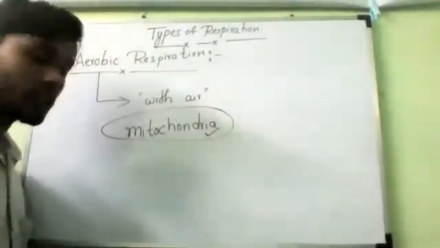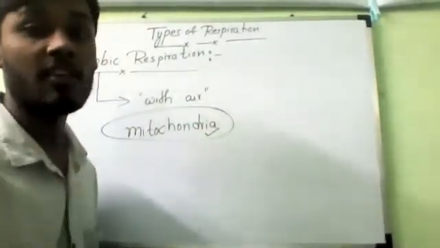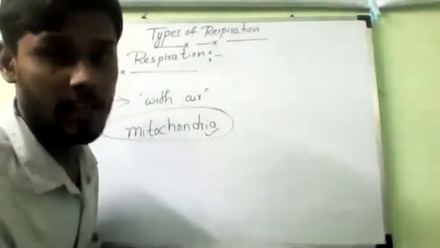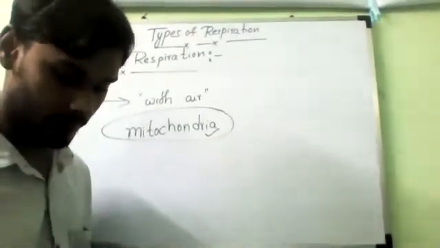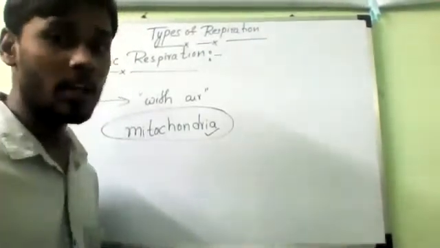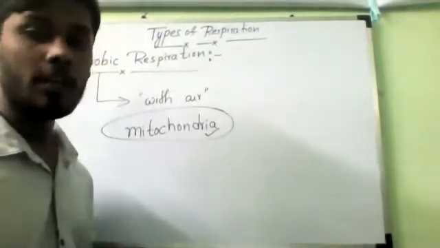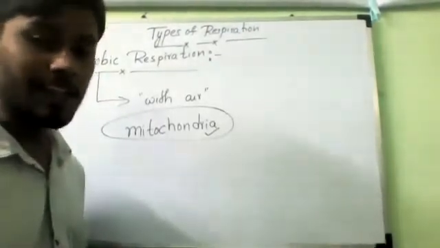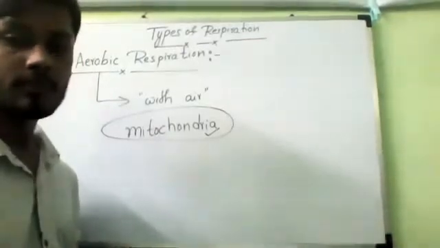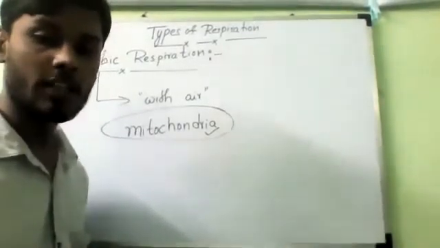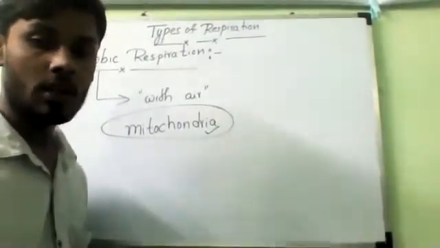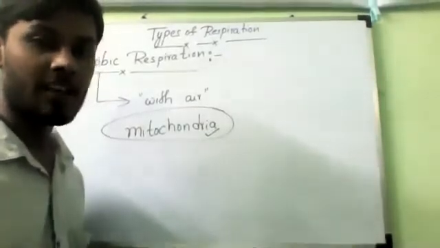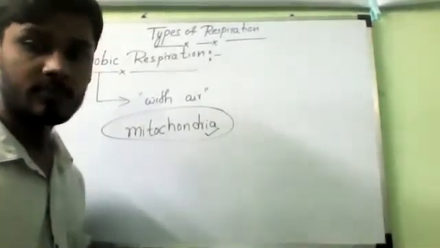That is why we call mitochondria the sites of aerobic respiration. Understand? So all of you note it down. Mitochondria are the sites of aerobic respiration.